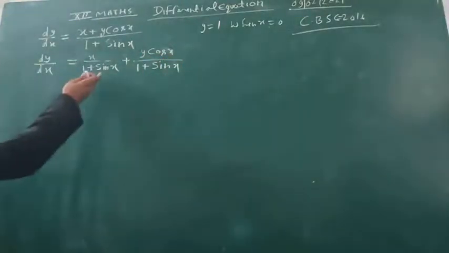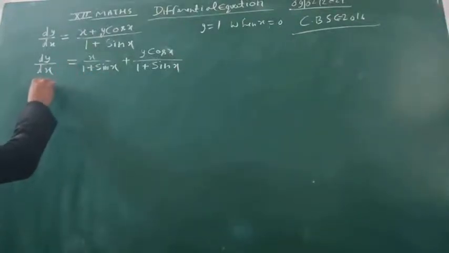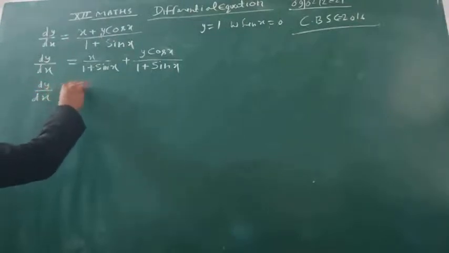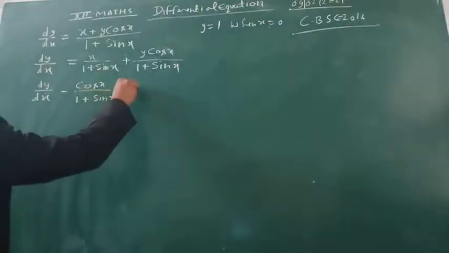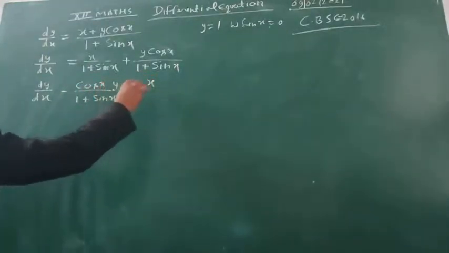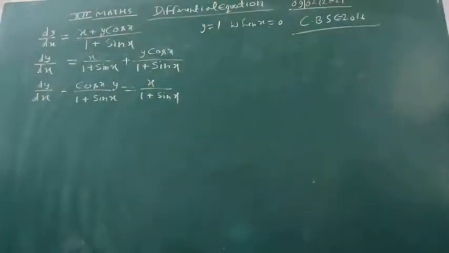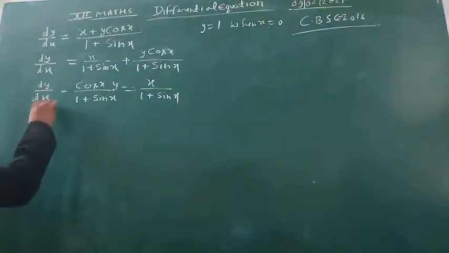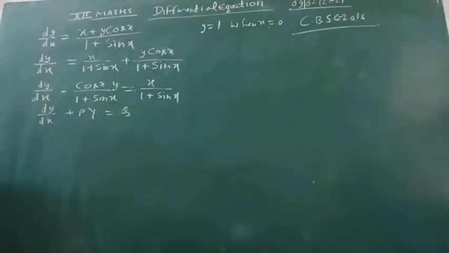We take the y part to the left hand side and write dy by dx minus cos x by 1 plus sin x times y is equal to x by 1 plus sin x. Now we see that this is of the type dy by dx plus py is equal to q. So this is a linear differential equation.